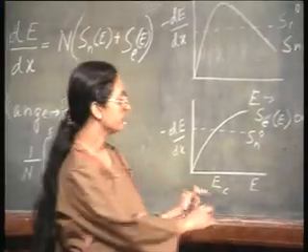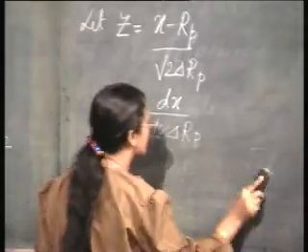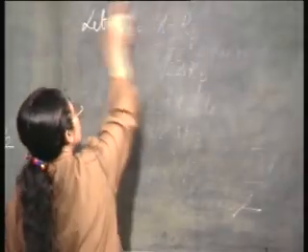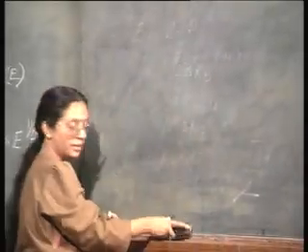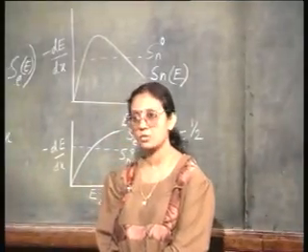So, you see, if the ion energy is such that the electronic stopping mechanism is going to dominate, I will neglect the nuclear stopping.